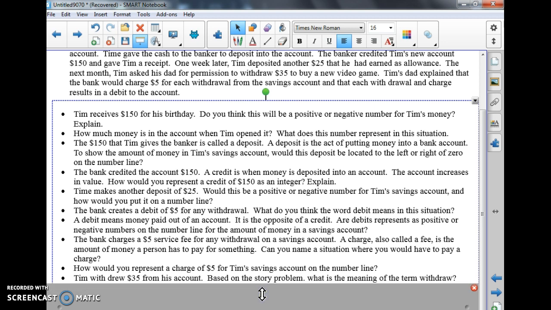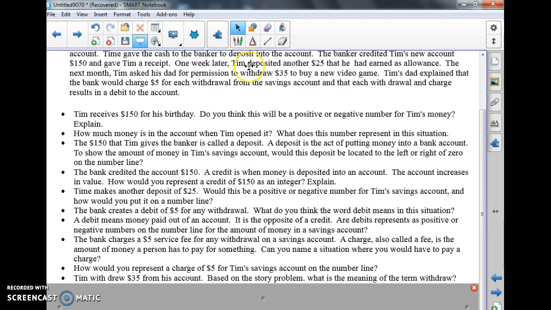Tim withdrew $35 from his account. Based on the story problem, what is the meaning of the term withdraw? Remember that he was withdrawing that money from his savings account to buy a new video game. So what would that mean if he needed to withdraw to buy something?